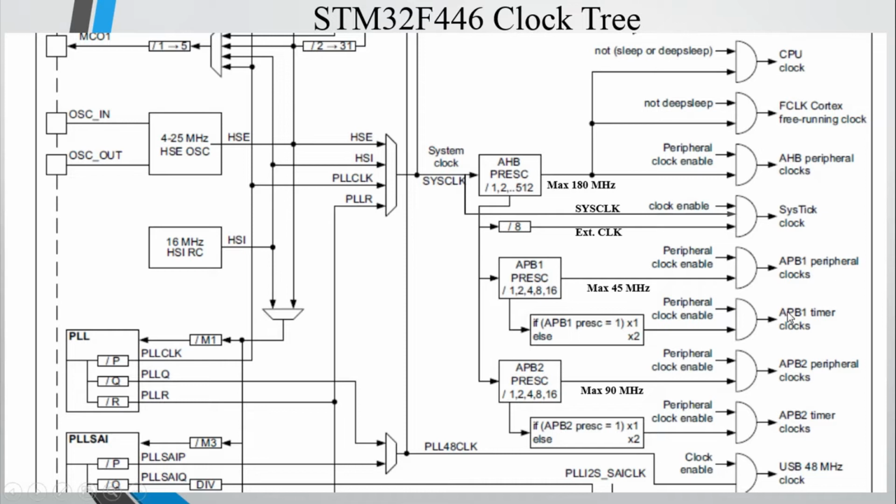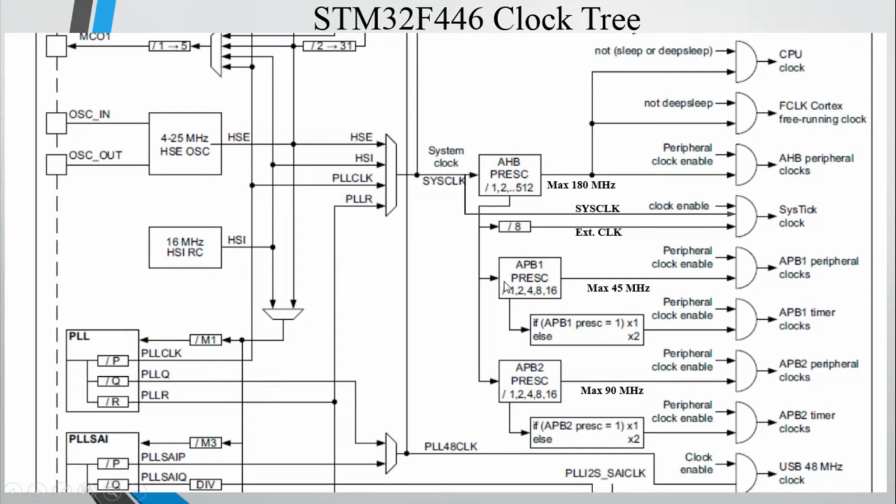There are certain peripherals connected to APB1, and another set of peripherals connected to APB2. Which peripherals are connected to APB1 and APB2? You need to go through the corresponding data sheet to find out the actual peripherals.